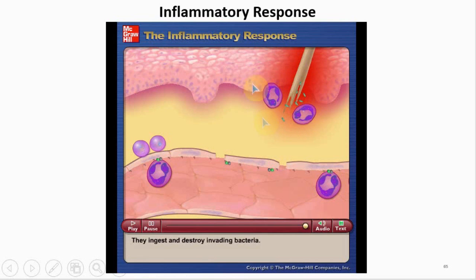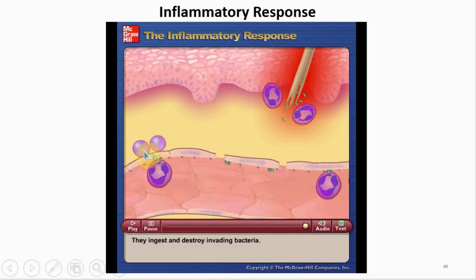Some stuff to think about. Inflammation is a local response, and so it's initiated by the tissues where the problem occurs. Another thing to think about, remember these mast cells over here that it showed, these are granulocytes. And remember I said granulocytes are cells that have something in them, these inclusions. Well, one of these inclusions was this histamine.